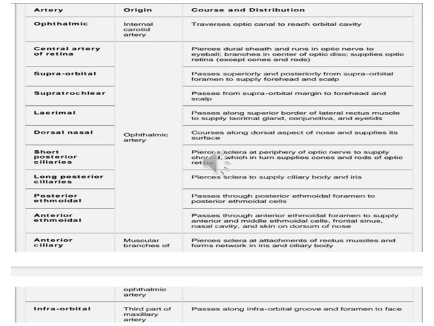It's very important to know the central retinal artery, which is the first branch, supraorbital, supratrochlear, lacrimal, dorsal nasal, short posterior and long posterior ciliary, posterior ethmoidal, anterior ethmoidal arteries, while the infraorbital artery is a branch of the external carotid artery. Each one of them has a course and different structures to supply.